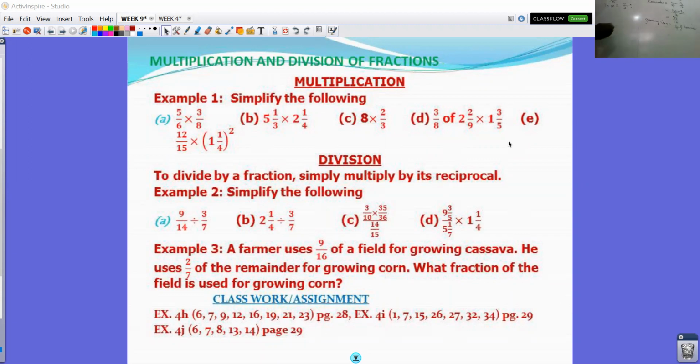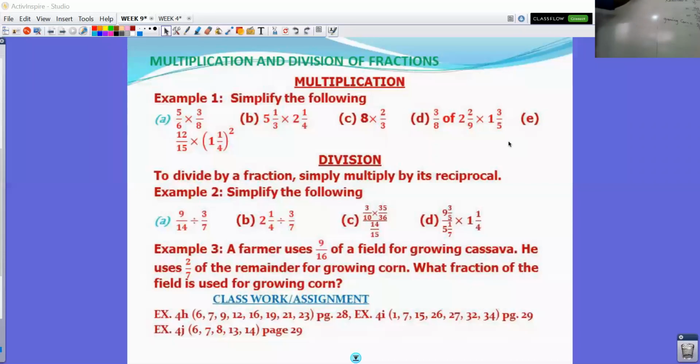So let's look at the board, please. I'm taking it to the other side. He uses 2/7 of the remainder, which is 2/7 times the remainder, 7y/16. This is 2 times 7y over 7 times 16.